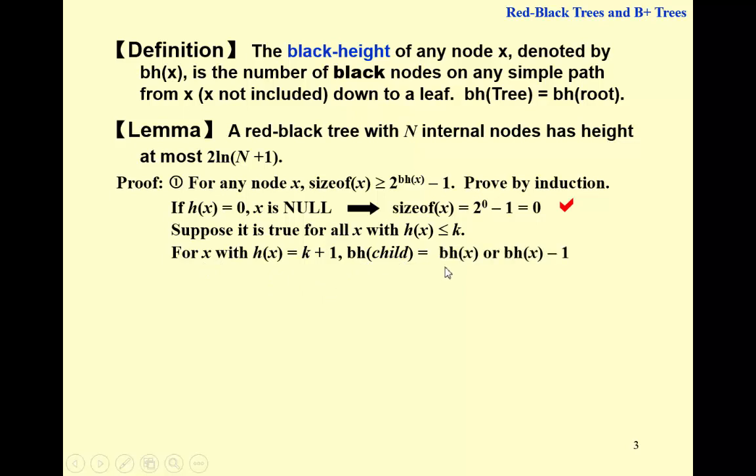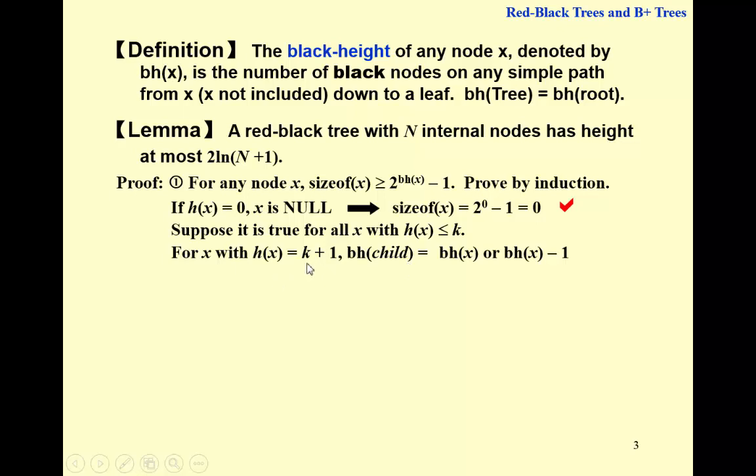So therefore we have 2 possible answers. The BH of its child is either the same as the BH of X or it's BH of X minus 1. Why do we want to know this about this child? Well, say the height of X, meaning the height of the subtree with X being the root, is k plus 1, then what is the height of its children?